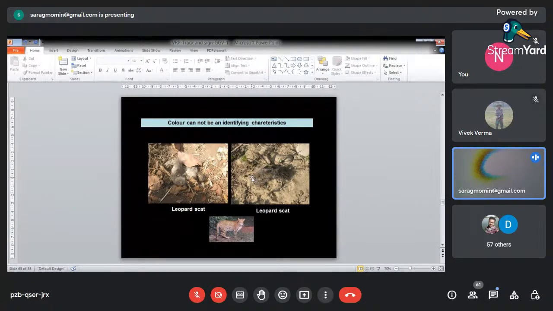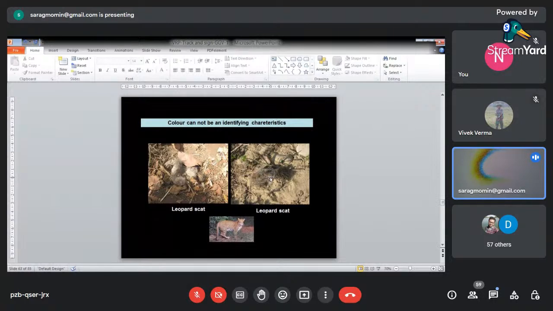Anybody who can reply? The same leopard may release these types of scat, and may also release those. Actually, the shape, color and size vary depending upon their food.